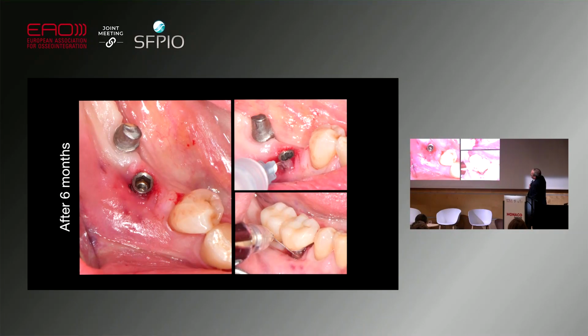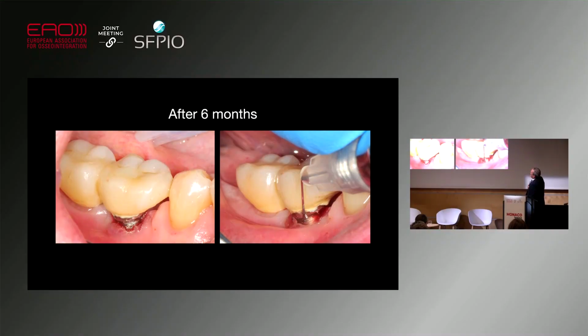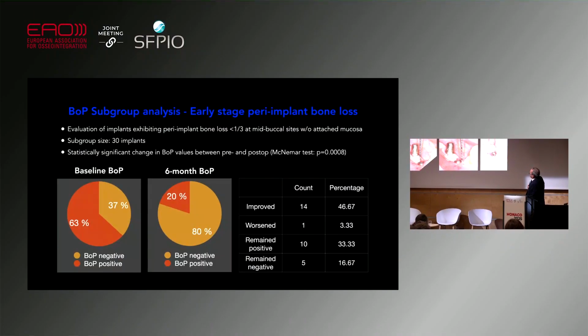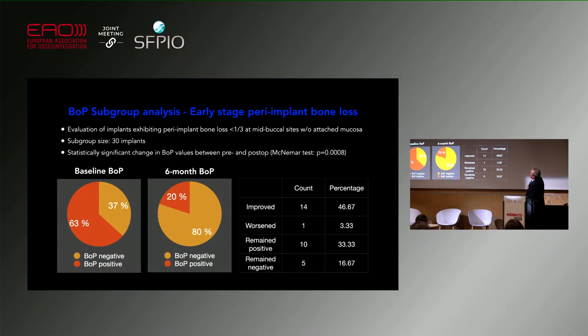Some 6 months later, we realized that at the mid-buccal part, where there is a lack of keratinized mucosa, the inflammatory process came back. We did the treatment once again, and after 6 months, once it had healed, we waited a further year, and after a year, we realized that the tissue seems to be healthy, but due to the lack of keratinized tissue, we decided to do some further manipulation.